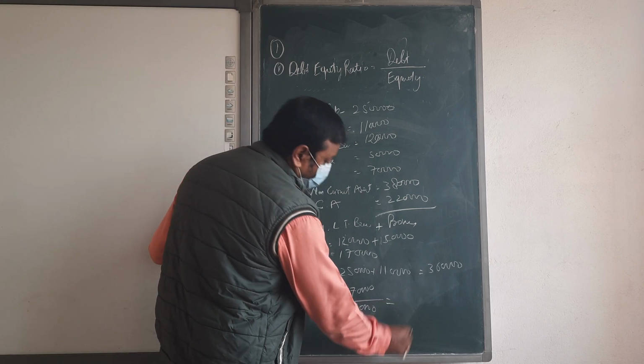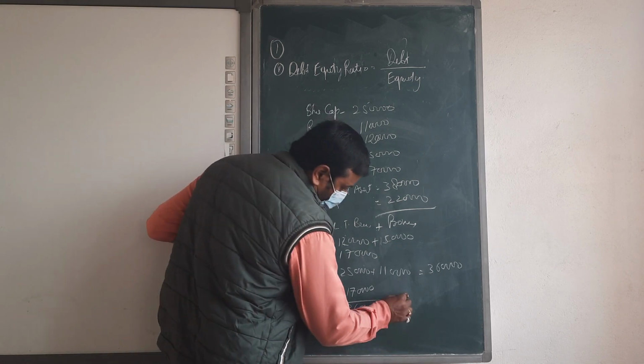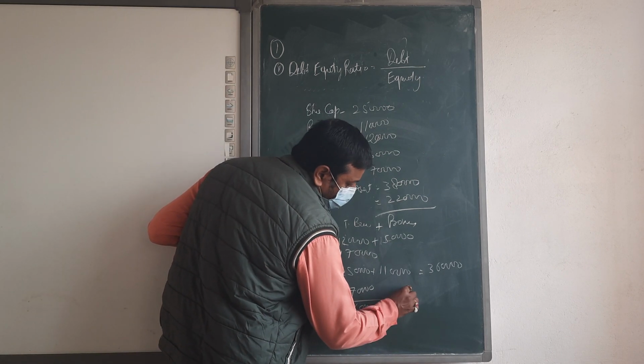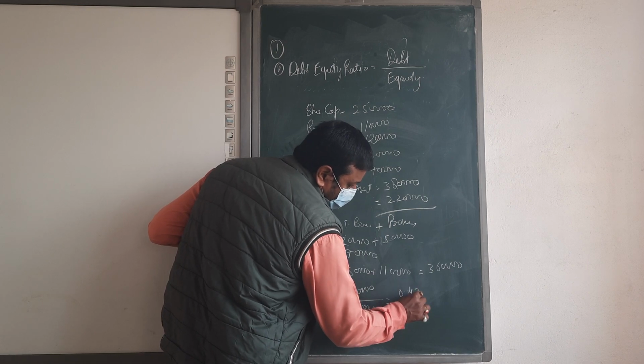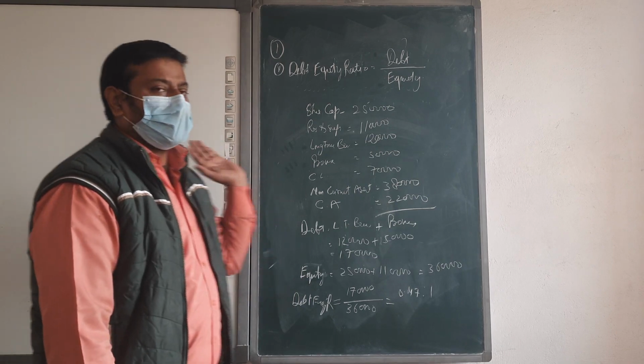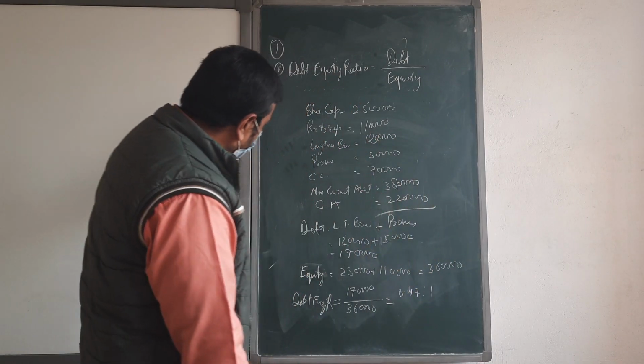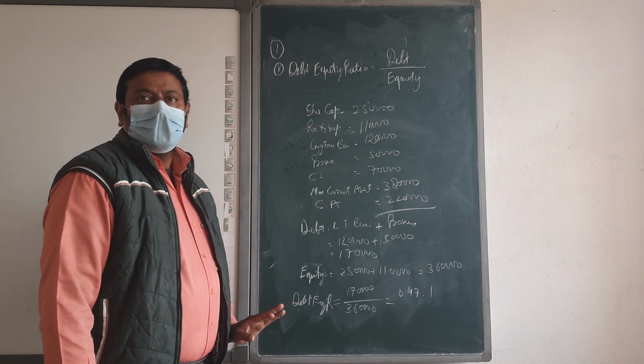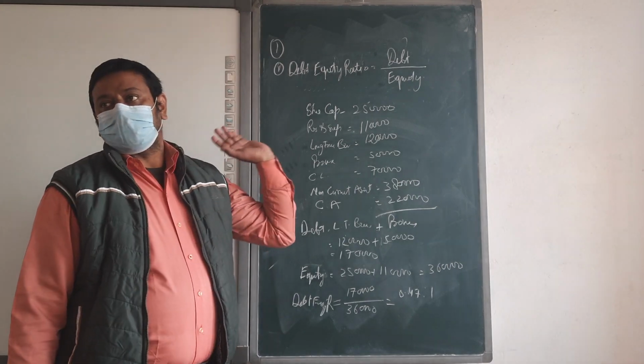What amount is coming? 0.47, that is 0.47:1. Okay, in this way we are going to present the question, and all things we are going to explain. Don't use any shortcut result.